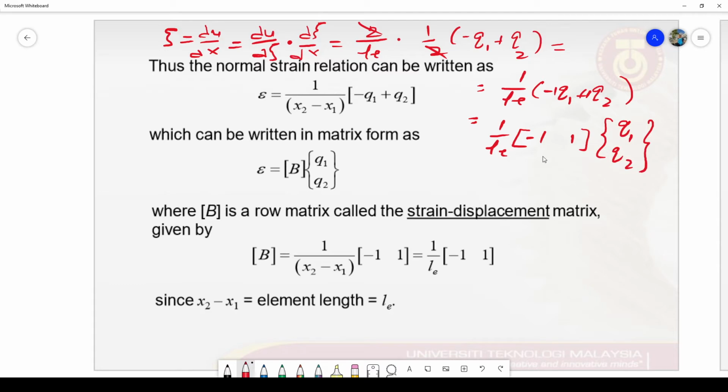Then we will have the expression where the terms 1 over le, negative 1 and 1 will be called the strain displacement matrix B, multiplied by q. So this is how we derive the normal strain equation in the form of epsilon equal to B multiplied by Q, the strain displacement matrix multiplied by the displacement Q.